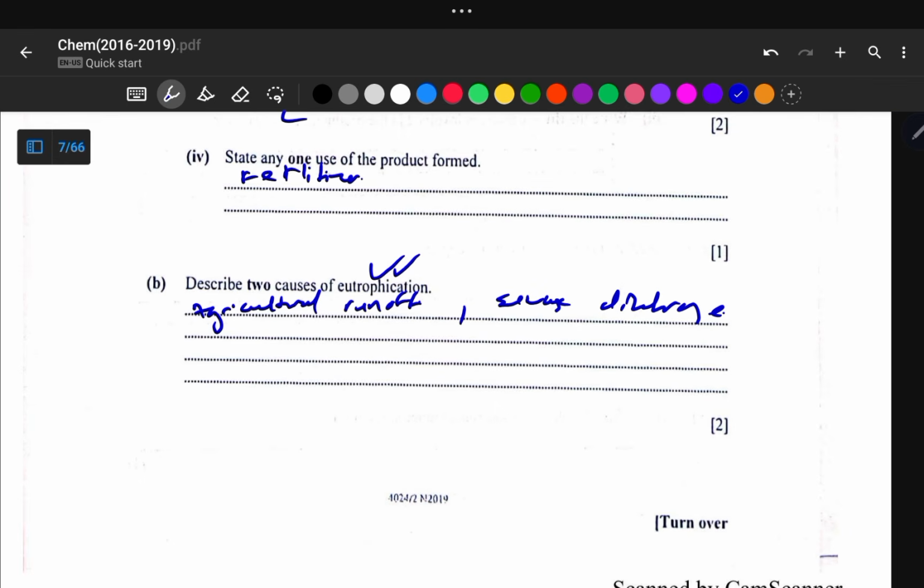Eutrophication is defined as the process whereby the water bodies become overly enriched with nutrients, mainly nitrogen and phosphorus.